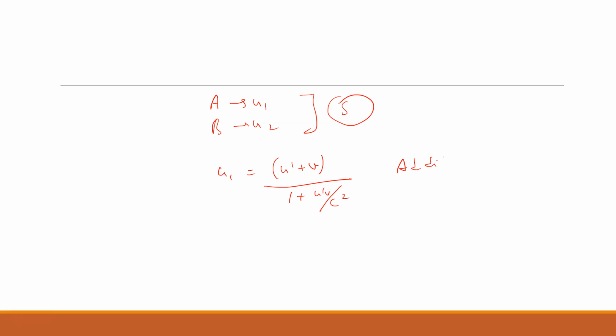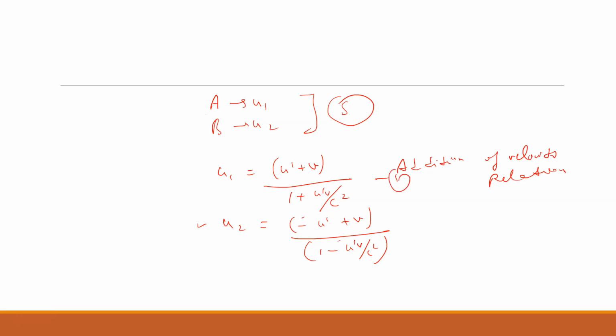This is from the addition of velocity relation. u2 equals minus u dash plus v divided by 1 minus u dash v by c square, because this is for particle B, whose velocity from frame S dash is minus u dash. This is equation number 1. This is equation number 2.